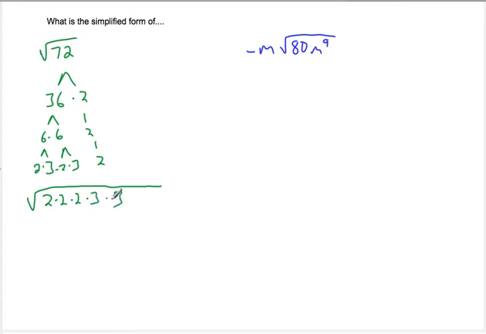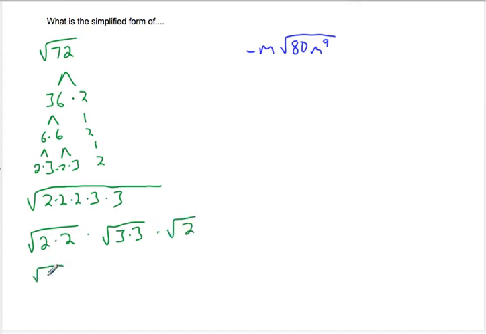Okay? And so now what we can do is break this up into some perfect square numbers. So I can put these two 2's together. I could put these two 3's together. And there's just this lonely 2 sitting by itself.